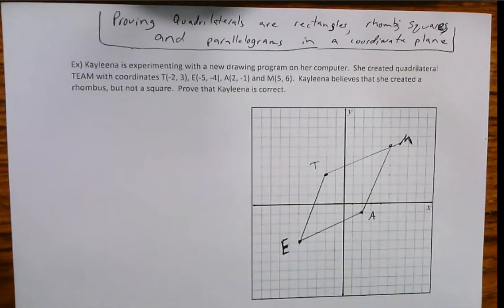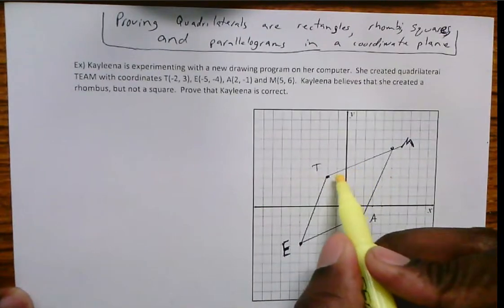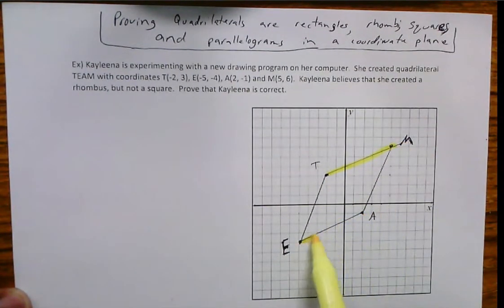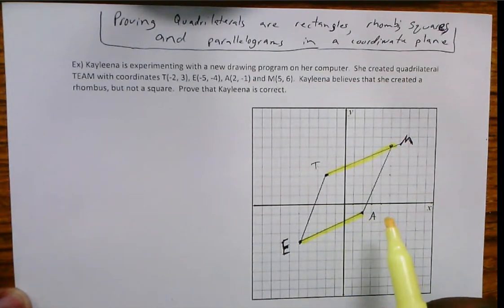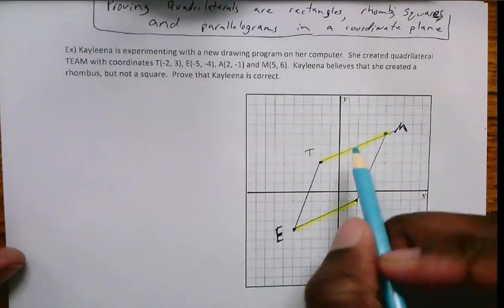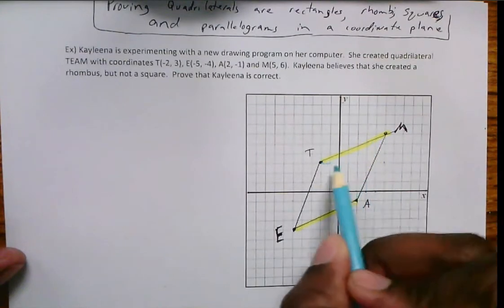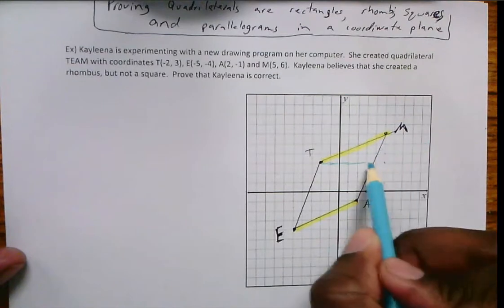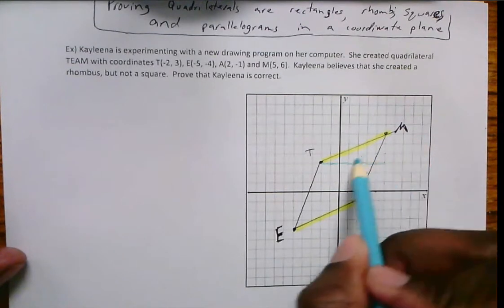And if I want to know whether or not it's a parallelogram, I should test to see if any of the sides are parallel. So we're looking at this side, it's TM. It needs to be parallel to this side. To know that, I need to find its slope. So if I look at TM, you count over 1, 2, 3, 4, 5, 6, 7.